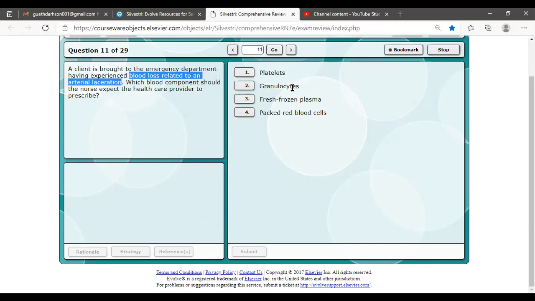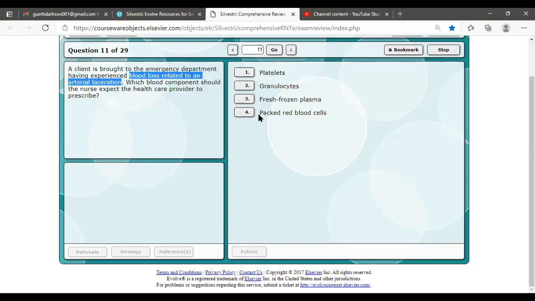Platelets, granulocyte, frozen plasma, or packed red blood cell? For example, red blood cells we give if my patient has erythrocyte or red blood cell deficiency. Or if my patient has blood loss, I give them red blood cells.